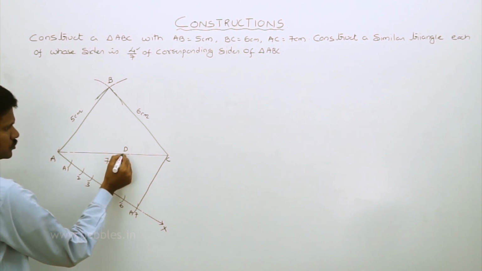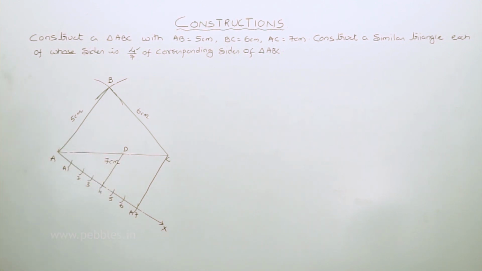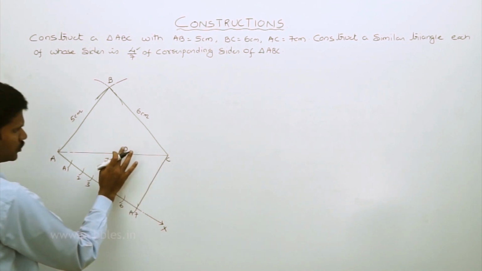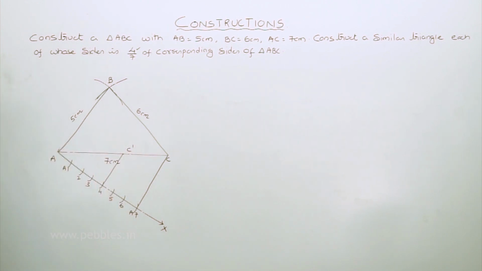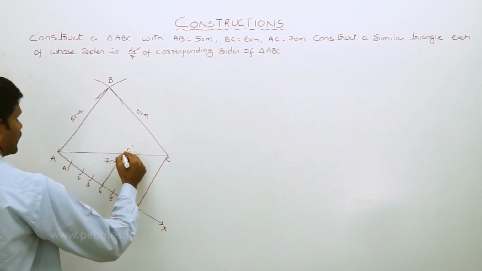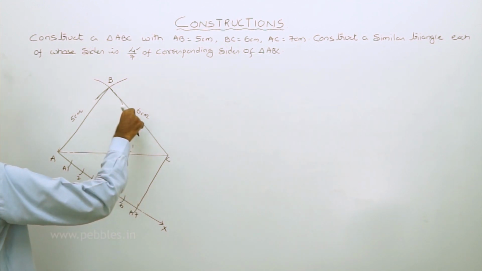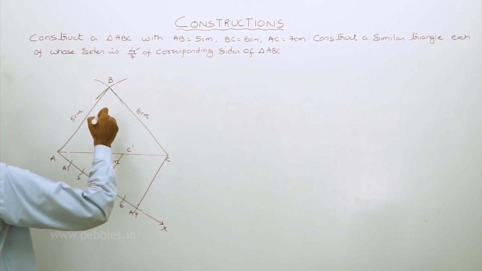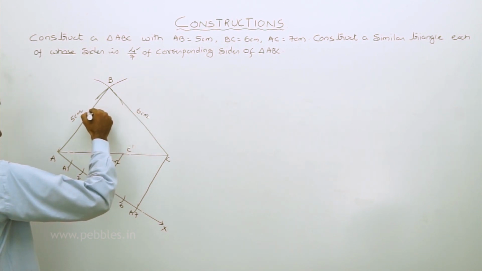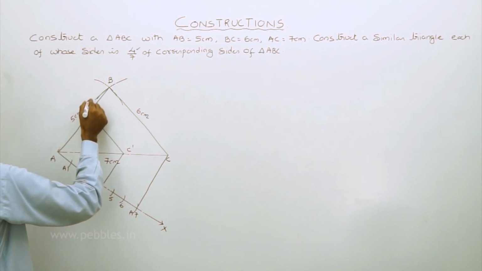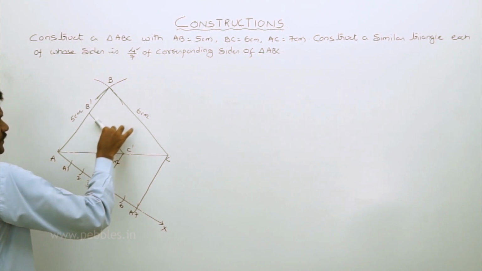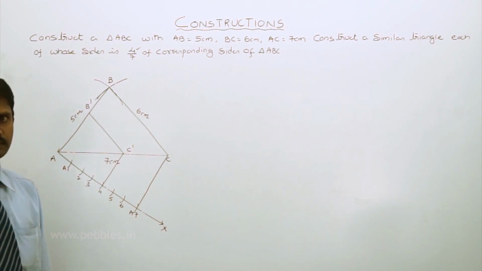Now through D again draw another line. Now this is C, let us write this one as C dash. Now draw another parallel line B dash C dash parallel to BC.